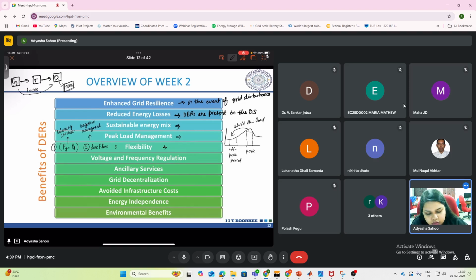Then, of course, you have voltage, which will be done through your reactive power. Basically, to maintain all these attributes, the system requires flexibility in the form of up or down regulation.